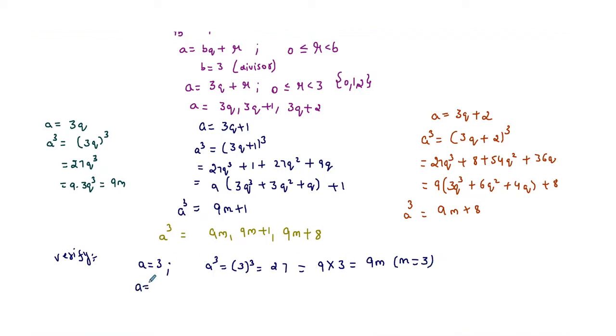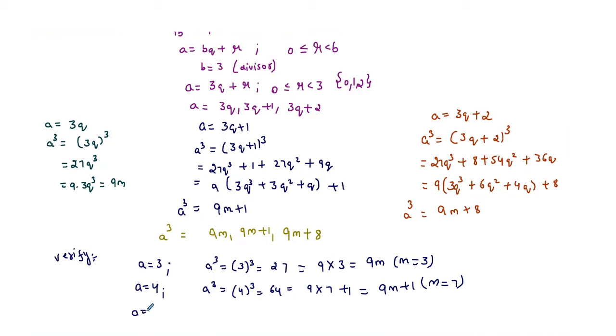Now let us take another example where a equals 4. Then 4 cube will result in 64, which can be written as 9 into 7 plus 1, or 9m plus 1, where m is equal to 7 in this case.